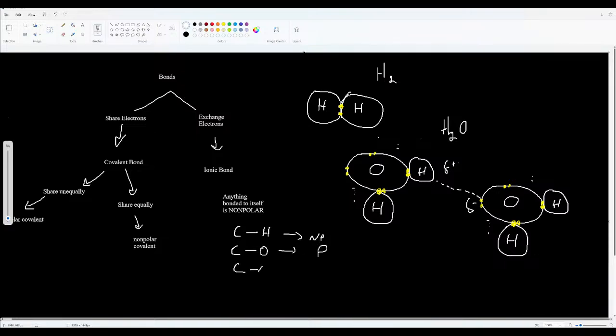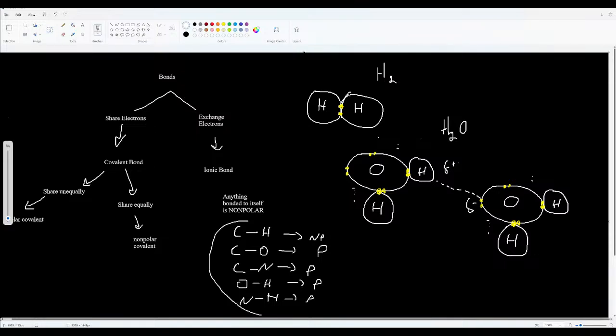Carbon bonded to nitrogen is polar. Oxygen bonded to hydrogen, as we learned, is polar. I think I'm missing one. Oh yeah, and nitrogen bonded to hydrogen is polar.